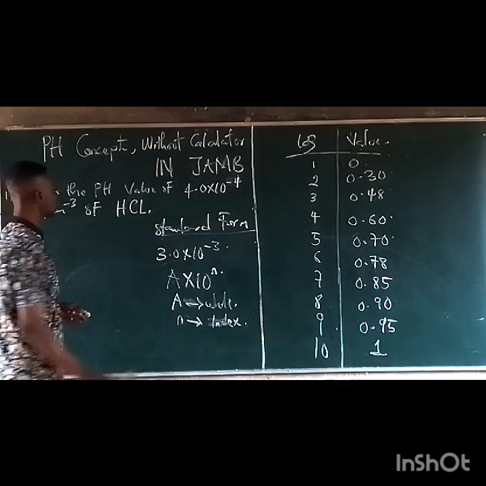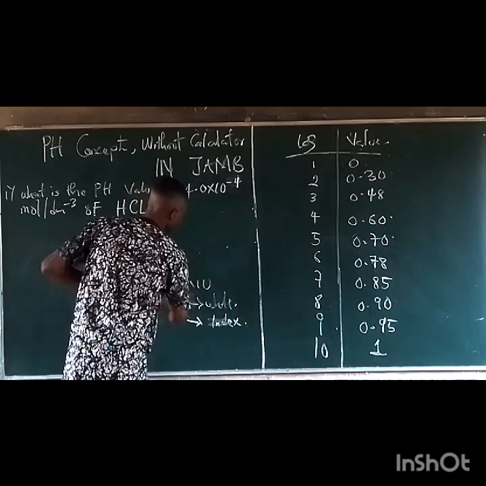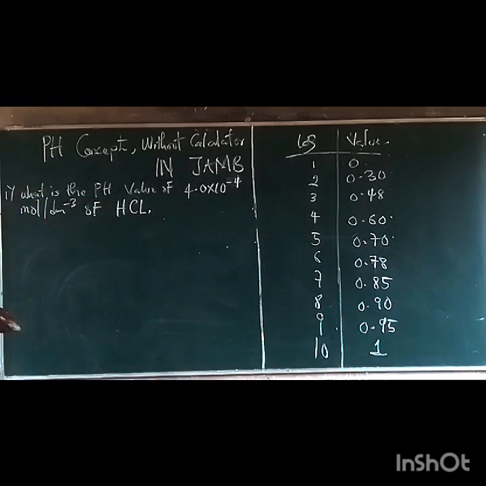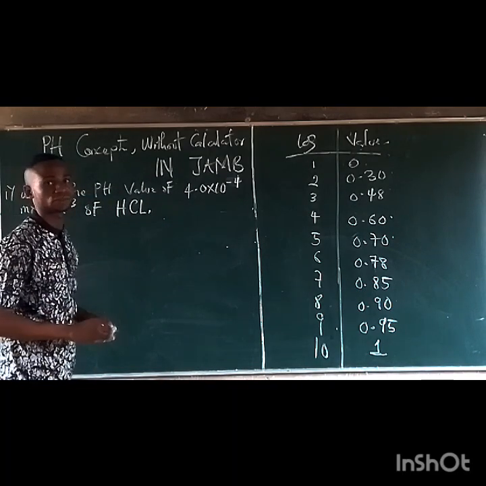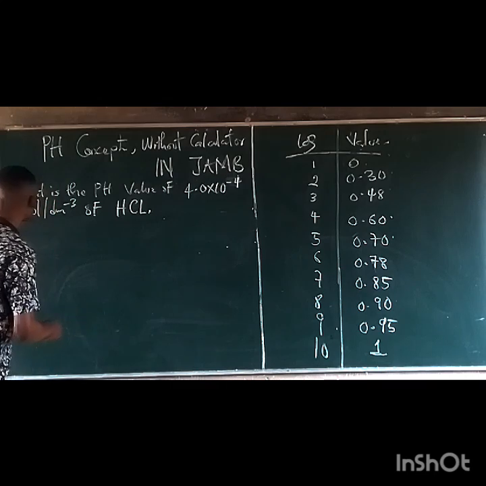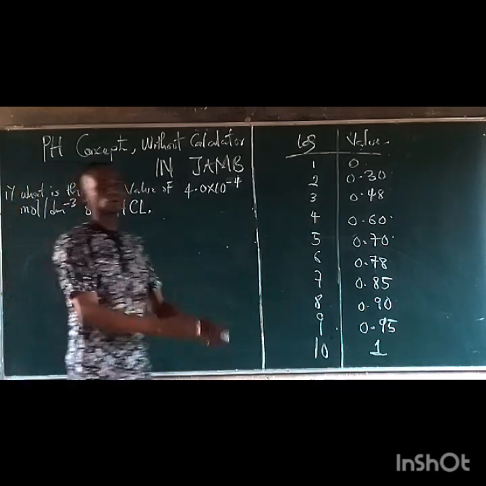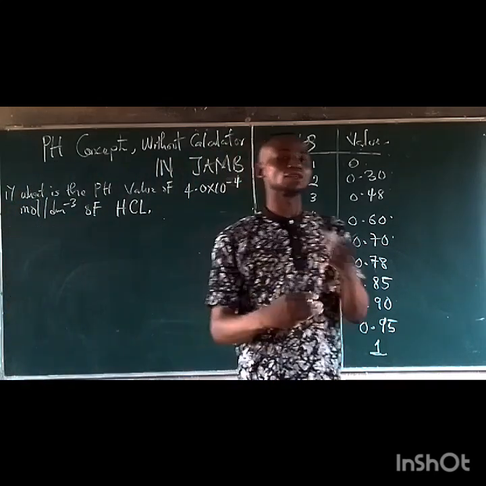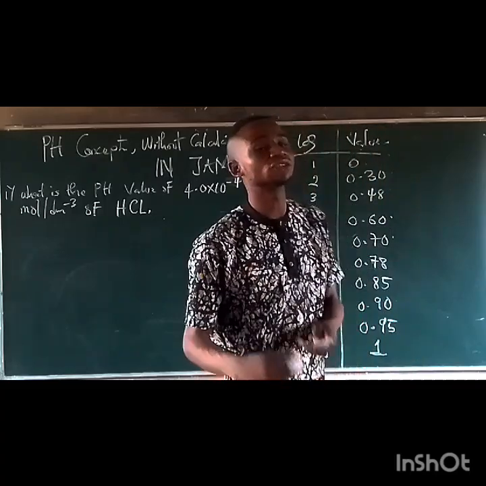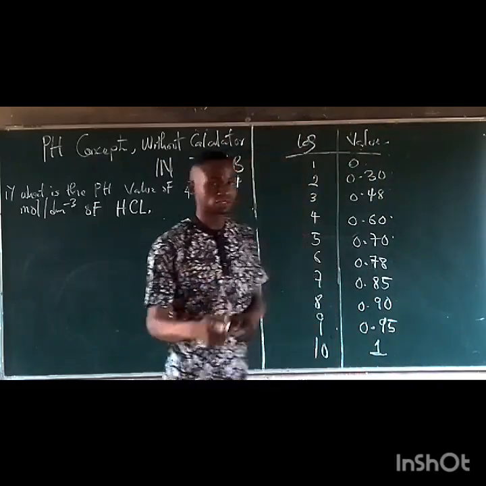Now, this is when the formula was not generated. This is the best formula to use now for JAMB. Instead of using minus log of hydrogen ion concentration or minus log of hydroxide ion concentration, we are not going to be using that again.